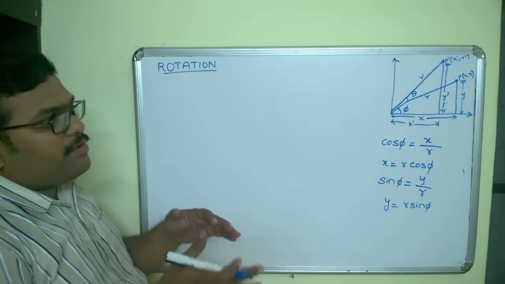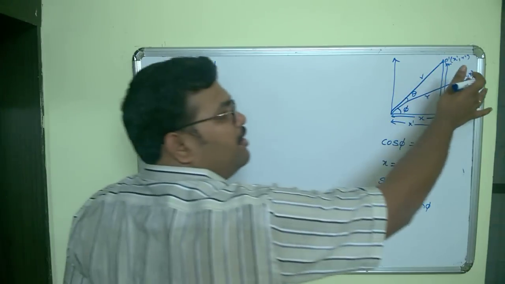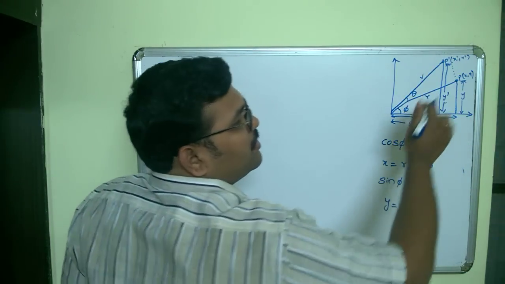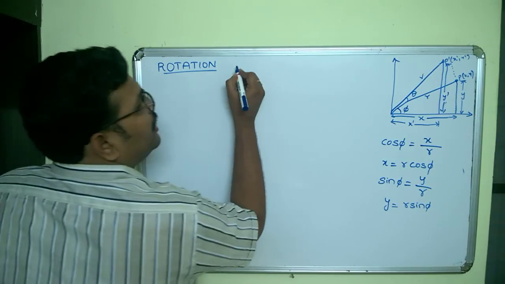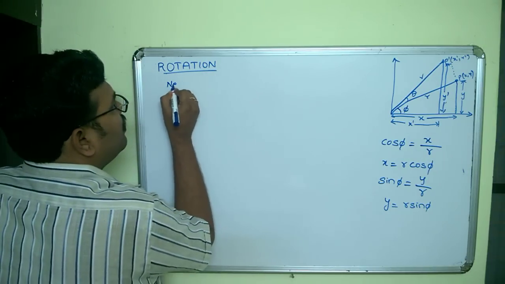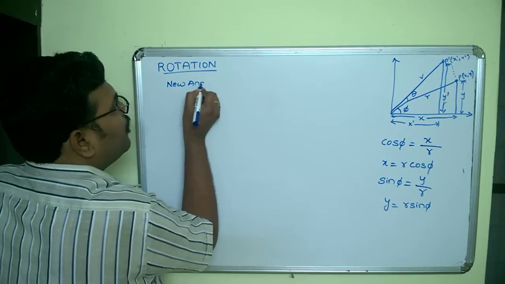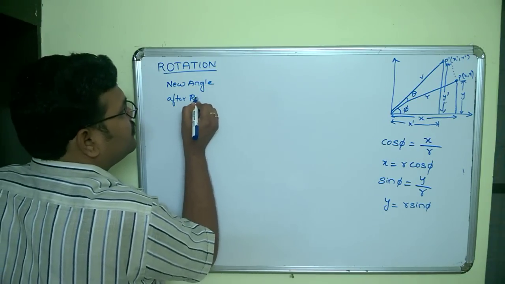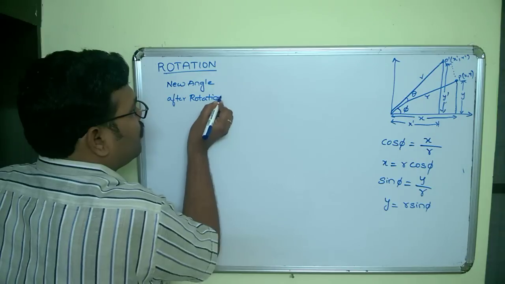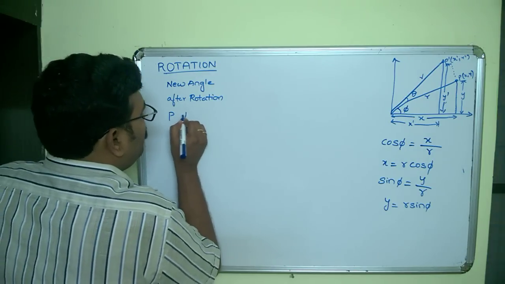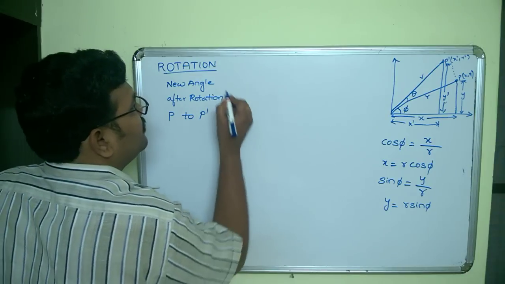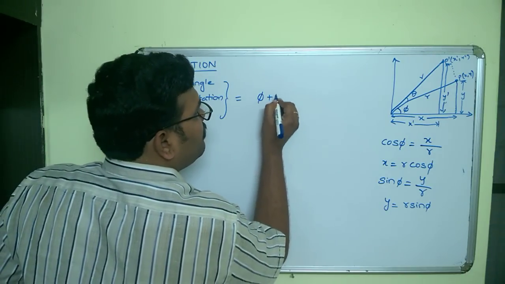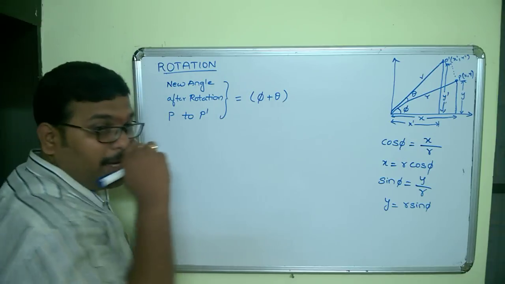Now, after rotating the point from P to P dash with an angle theta, the new angle after rotation from P to P dash is equal to phi plus theta. This is the new angle.